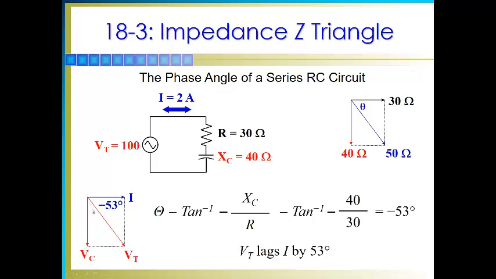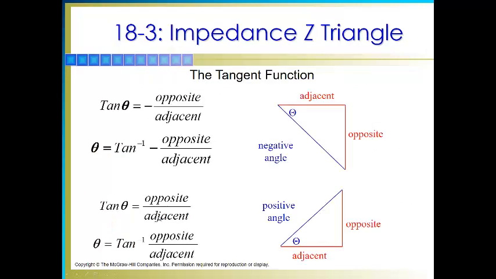So I need to find the total voltage right here, and we already know that this is 100. But now we need to find the angle right here. This is what we're really looking for. So from before, we know that the tangent of this angle is going to be the opposite over the adjacent.